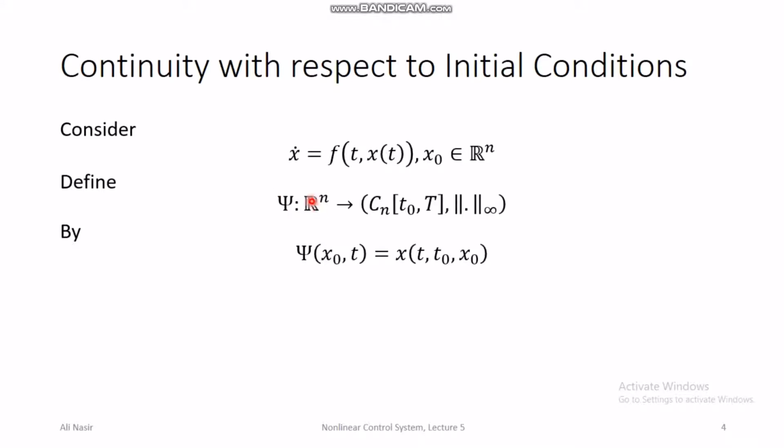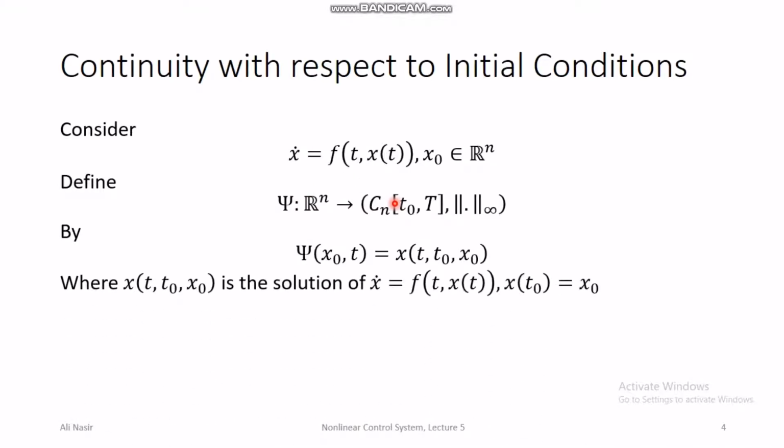The definition of this function is that psi of x naught comma t is equal to x of t. So this is a function of the solution of this differential equation, where x of t is the solution of the differential equation with initial condition x naught.